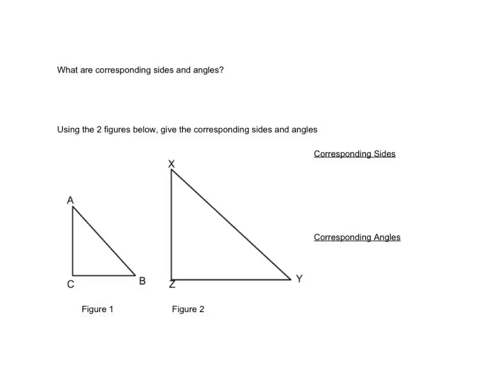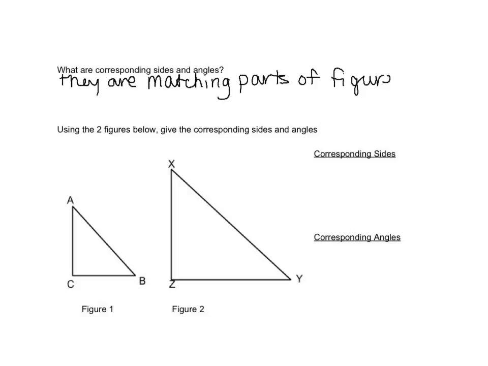So a fairly basic definition to describe what corresponding sides and angles are is that they are matching pieces or parts of figures from one image to another.